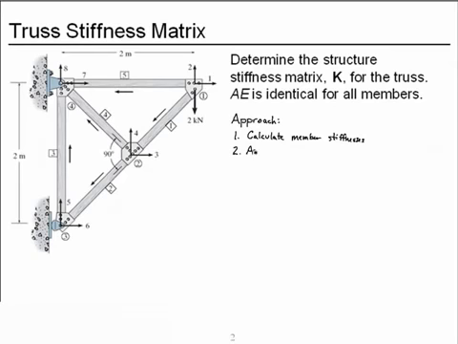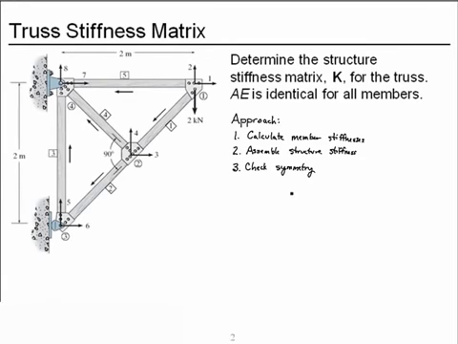Then we'll assemble the structure stiffness from those 5 individual or member stiffness matrices. And then to check our results, we're going to ensure that it's symmetric, which helps find simple math errors.